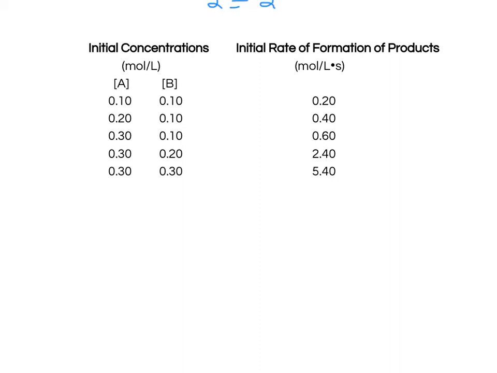So, there are a couple spots here where I could look, but I'm going to point this out to you. I can see first off that, right here in reactant B, between the third and fourth trial, what I've done is I've doubled my concentration.